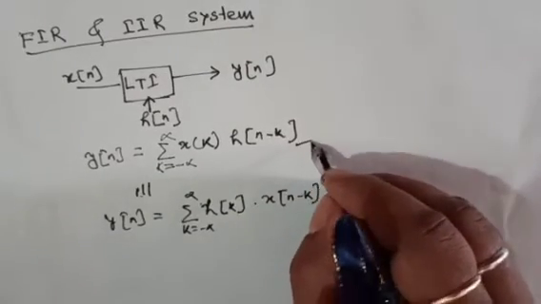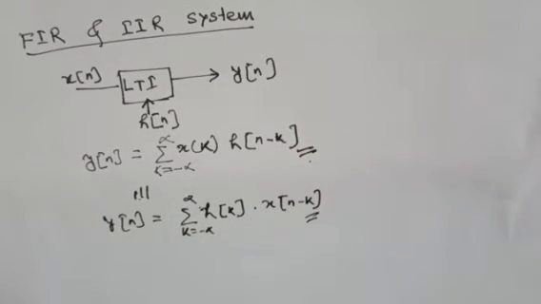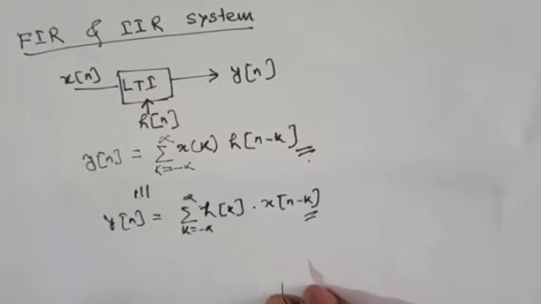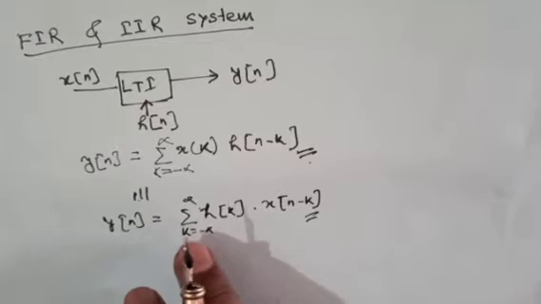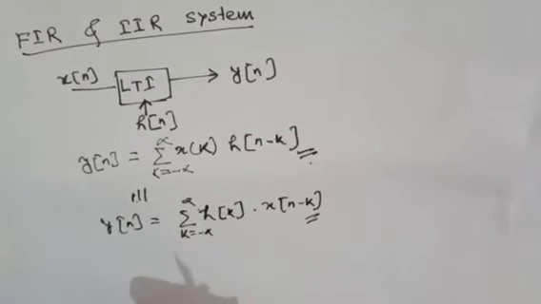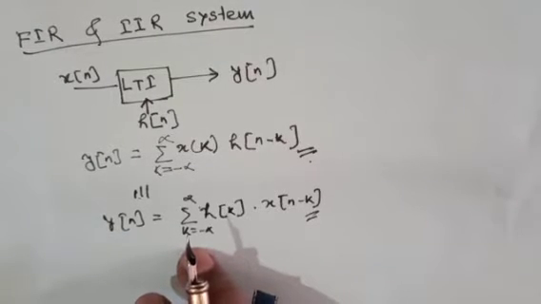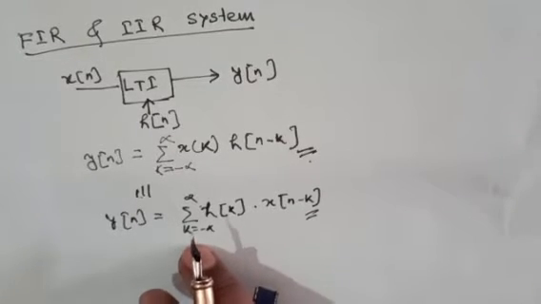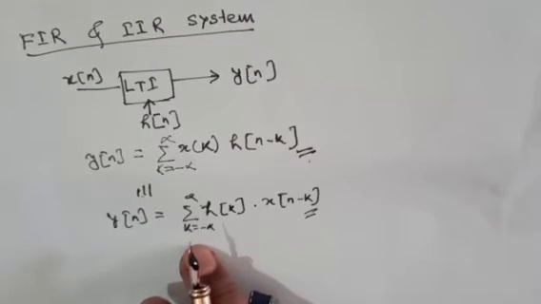Now look at either of these equations, where in general the sum goes from minus infinity to plus infinity. So practically it is not feasible to realize, since it is minus infinity to infinity. Another important thing is that a physically realizable LTI system, meaning in real time, has to be causal. So what is the causality condition of an LTI system?